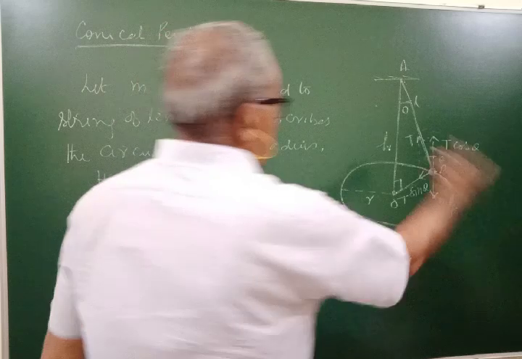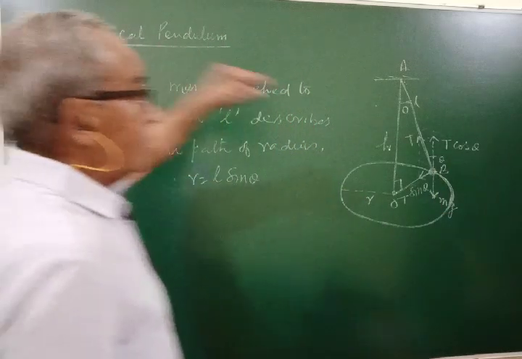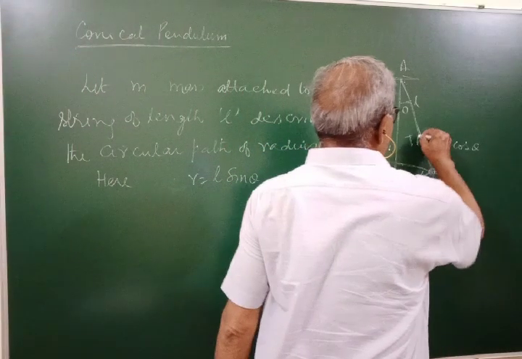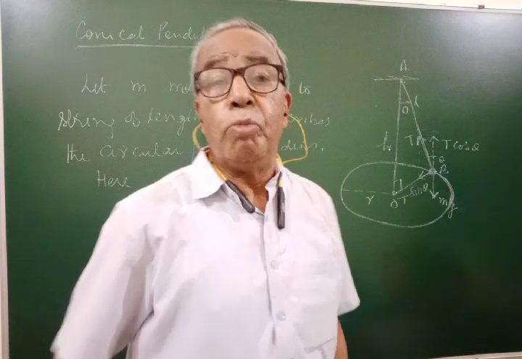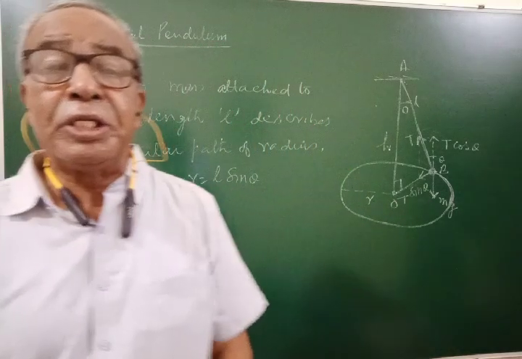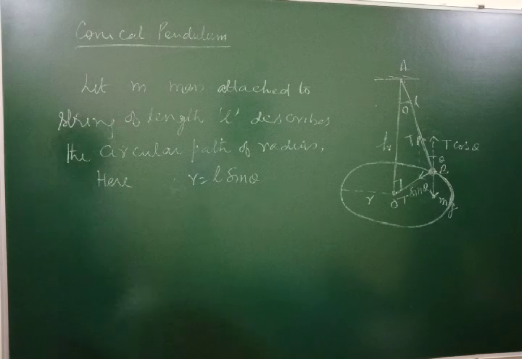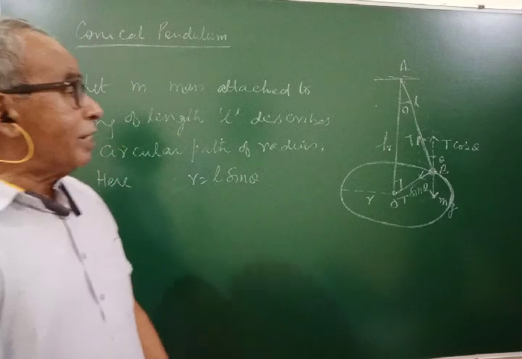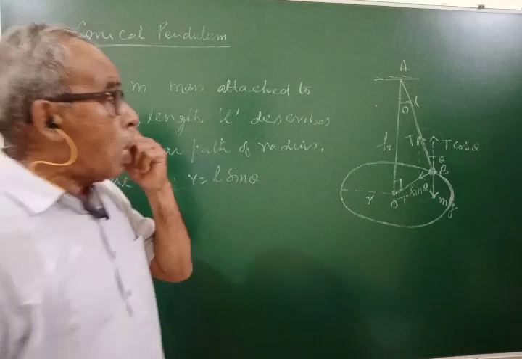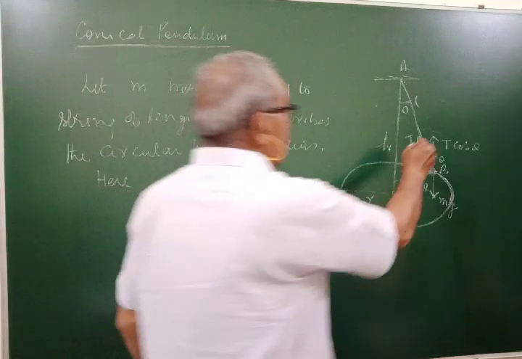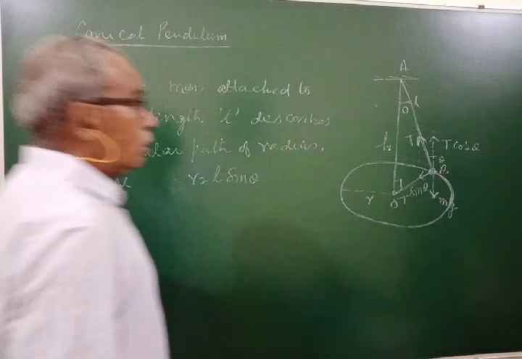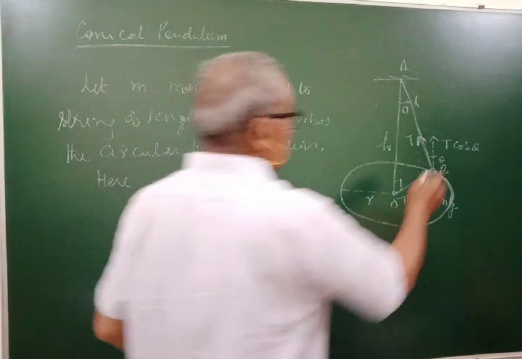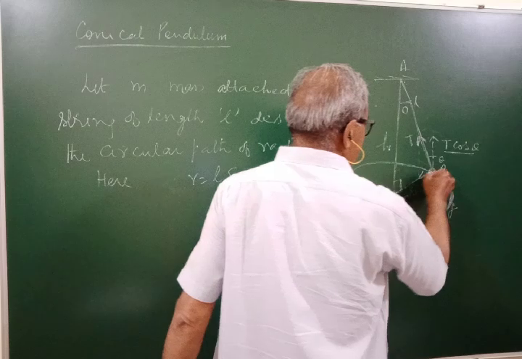Now when the bob revolves, there will be tension in the string, and you know, to move on a circular path, a body needs centripetal force. So the question arises: from where do we get centripetal force? If we resolve tension T into rectangular components, they are shown here, T cos theta and T sin theta.